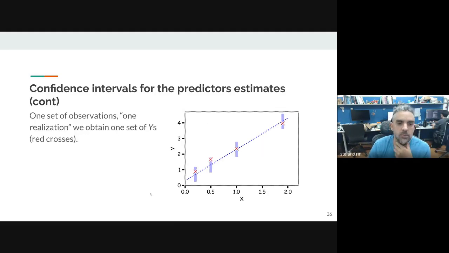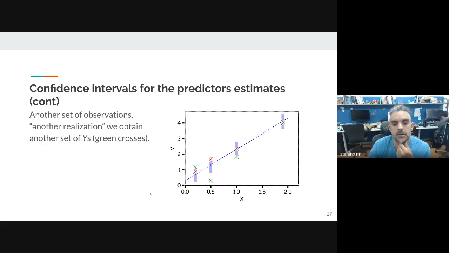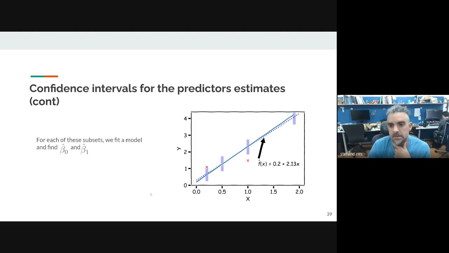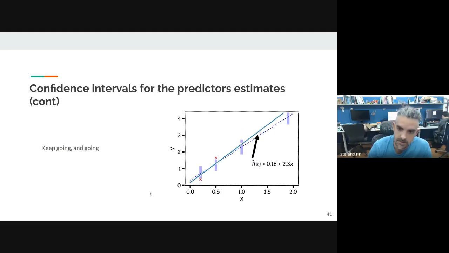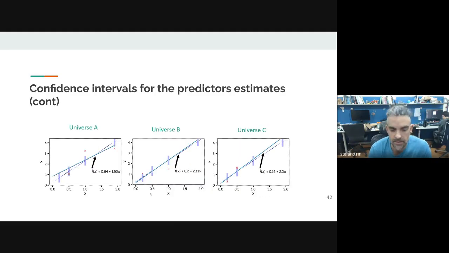So what we can do is take the data set, randomly select a certain set of elements, and repeat the fitting operation multiple times. Each time we will have a different fitted model, and we will have different f-hats, right? Every time we select a subset of the elements in the data set, it is as if we are in a different universe.